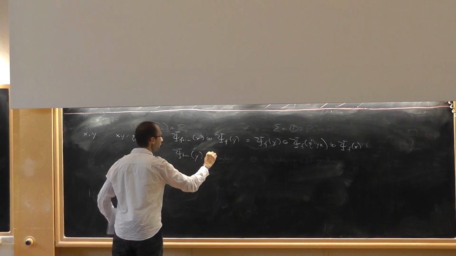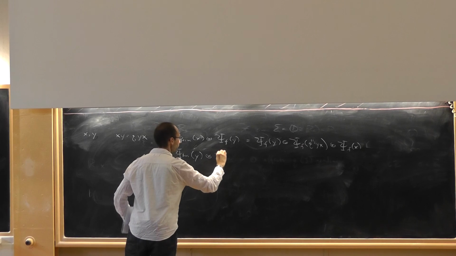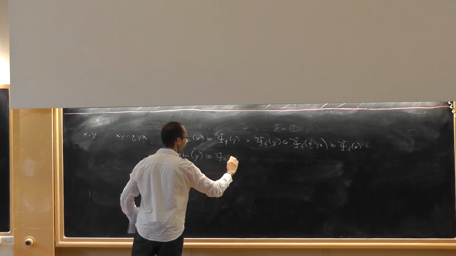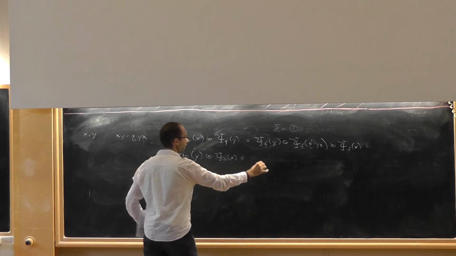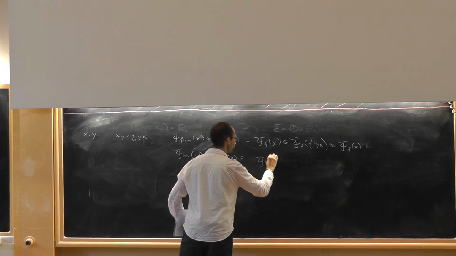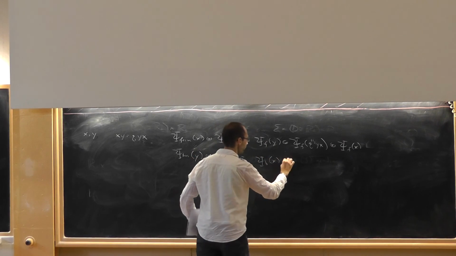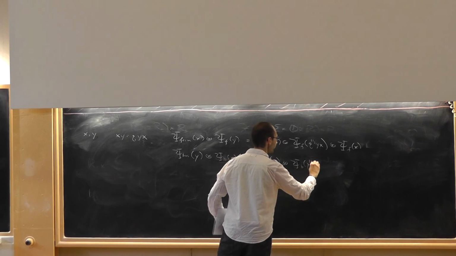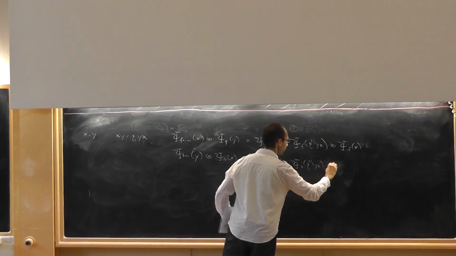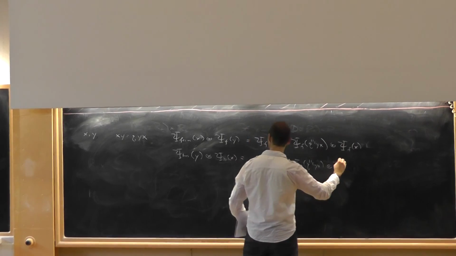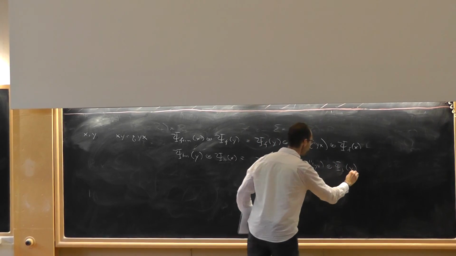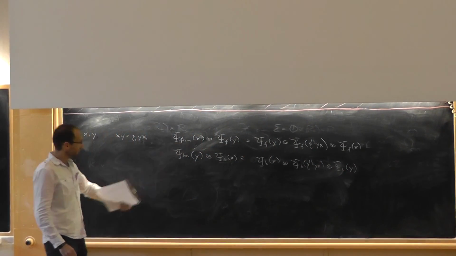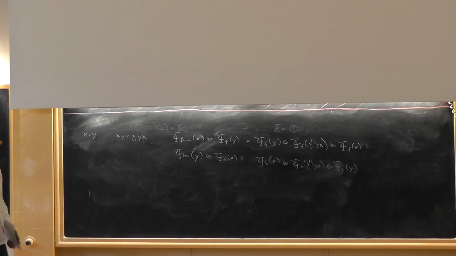So psi of y times psi of x equals psi of x, psi of q to the half yx, psi of y. The first one is true on the nose. There are no homological issues to deal with.